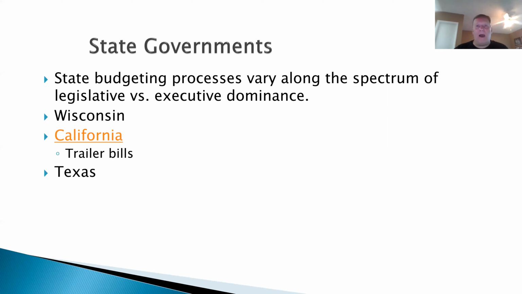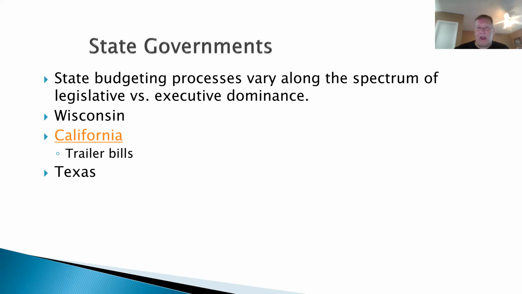And so in the May revise, the governor will present a revision to the assumptions of the budget in January. When the May revise came out from the governor this past May, there were some drastic, draconian reductions in revenue assumptions and then obviously budget allocations. So it was a slash-and-burn type of budget revision in May of this year.